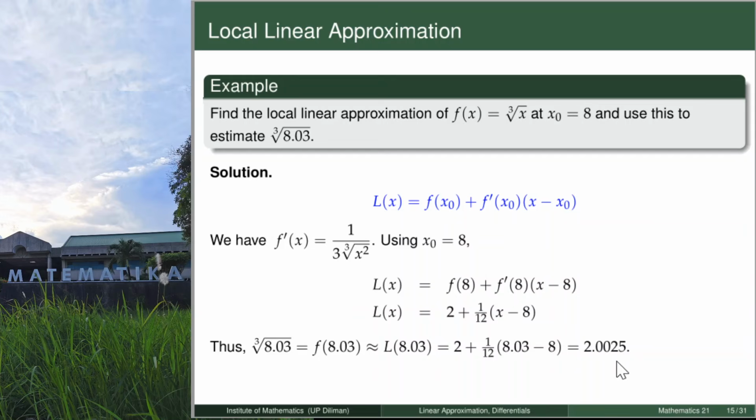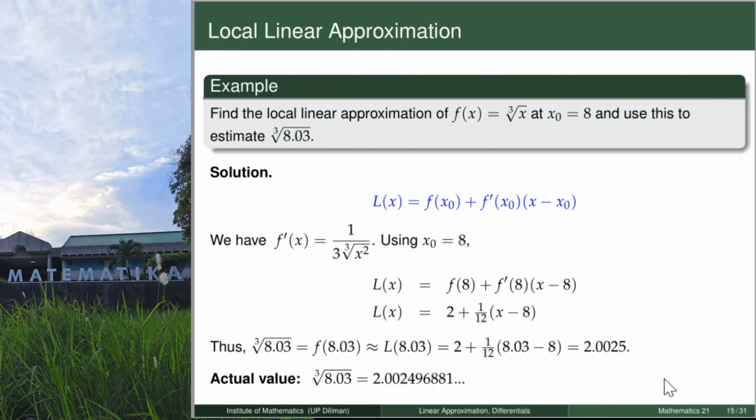Alright, so this is our numerical estimate for cube root of 8.03. So if you use a calculator, what is cube root of 8.03? It's actually, okay, the actual value is this one. Okay, so notice that it's quite close. It's good enough as an estimate. Okay, so this is how we use the local linear approximation to estimate certain constants so that we can have numerical estimates.